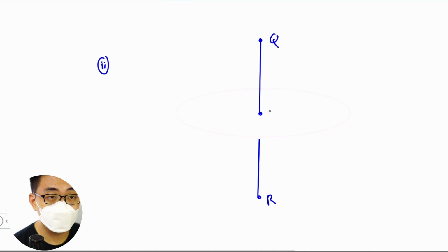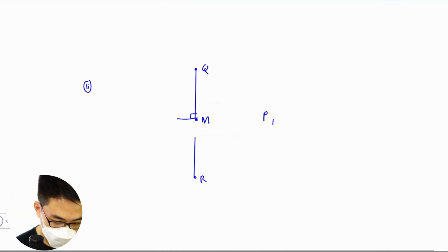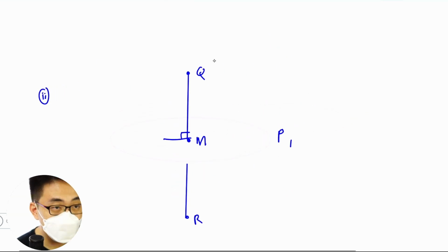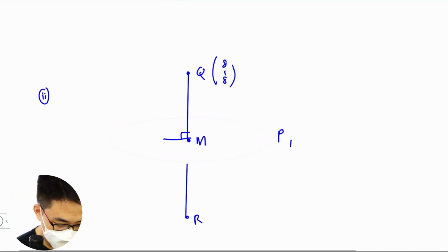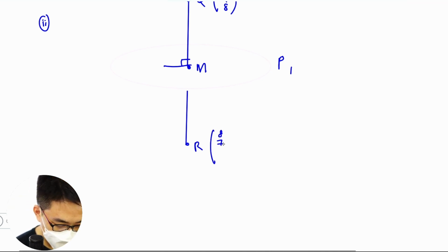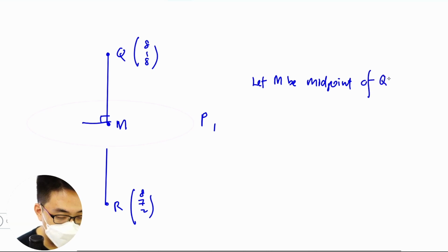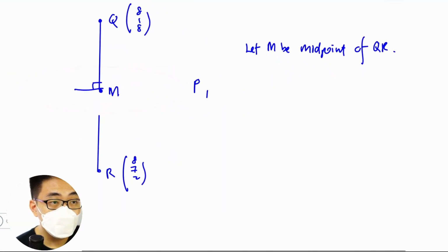Let me call the midpoint M. Then perpendicular, and this is your plane P1. That's about it. So Q is actually (8, 1, 8), and R is actually (8, 7, 2). Let M be the midpoint of QR.